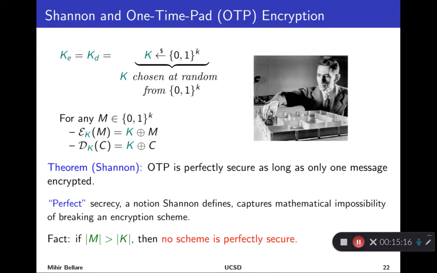It's the same operation. If you look at the XOR operation, it's easy to see that if you take the ciphertext and XOR the key back in, you just recover the original message. Okay, but what's interesting is this extremely simple encryption mechanism somehow has a property that you could call perfect security.